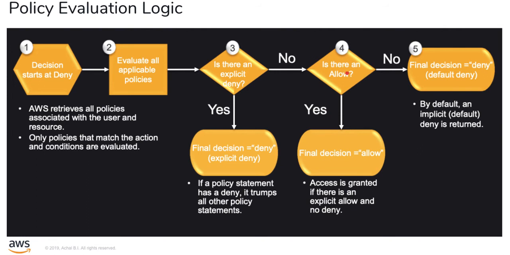If there is an explicit allow in a policy, then it would be allowed, or else the default would be deny anyway. So you won't have permission to access any resources without explicitly adding allow to it. So default is deny. There is also something called an explicit deny, and the only way to access your resources would be an explicit allow.